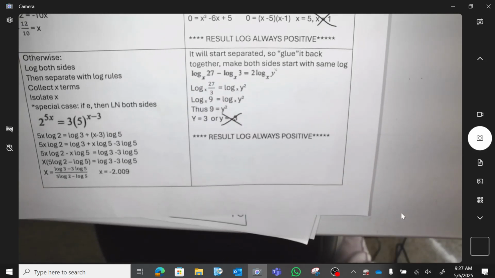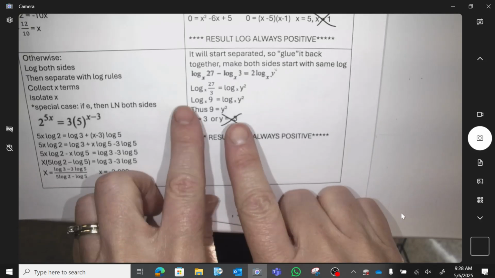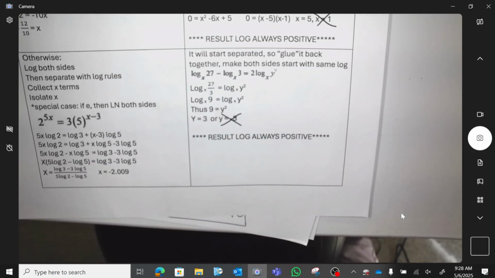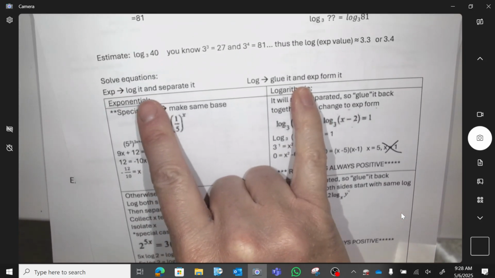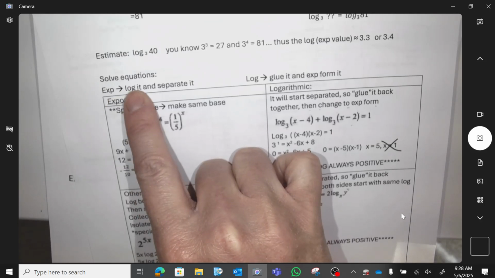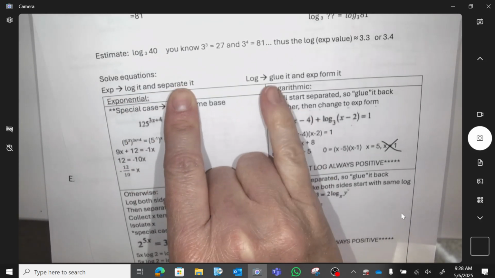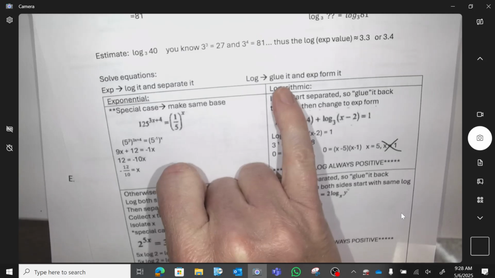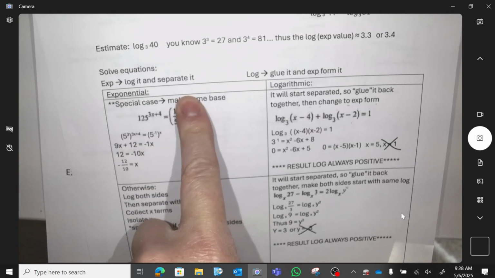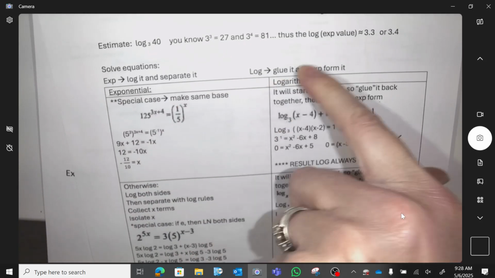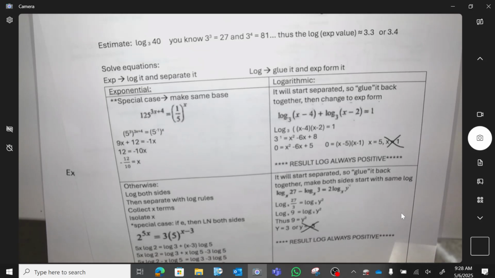So if you can get the log something, you can drop the logs away. Equality property. Okay? So do you see that this is reversing each other? If I'm exponential, I log it, then I separate it. If it's log, I glue it and then exponent it. Does that make sense? That's going reverse opposite of each other. Log it and separate it versus glue it and exponential it. See how that's opposite?